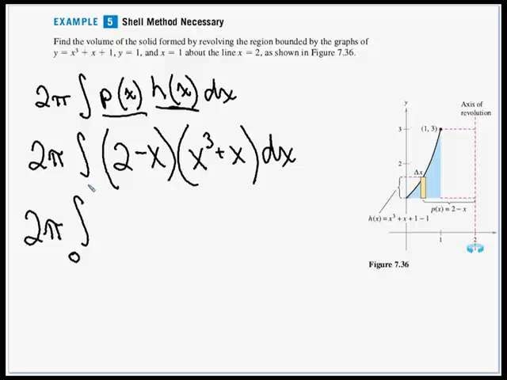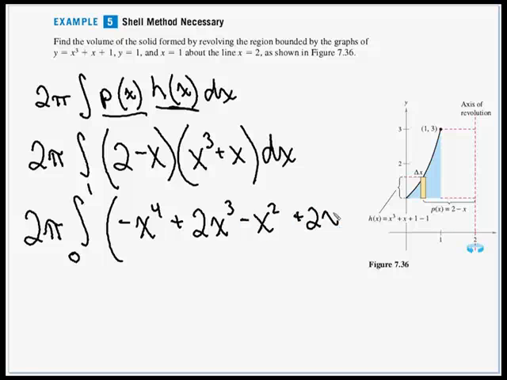Integral from 0 to 1. I'm just going to cut to the chase. If we FOIL this out and collect up all our like terms, we're going to wind up with negative x to the fourth plus 2x to the third minus x squared plus 2x dx.